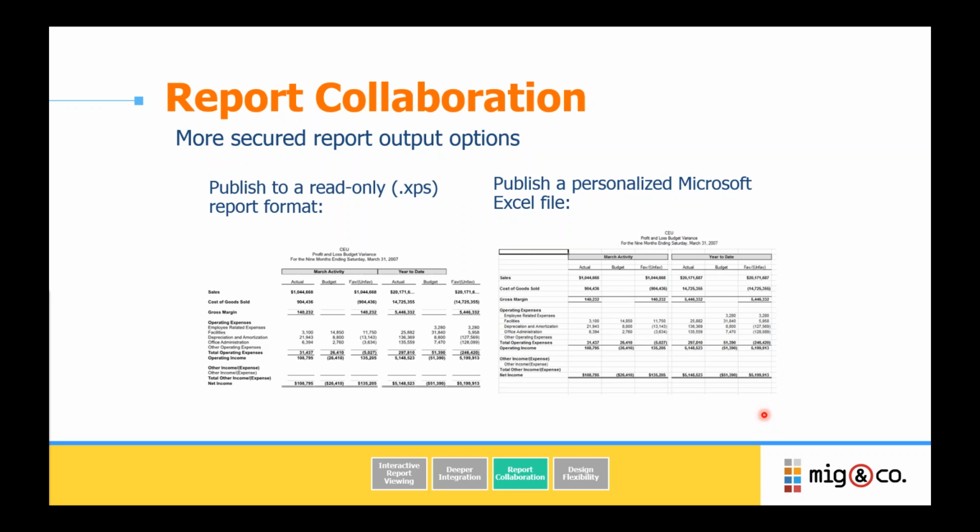So Microsoft's done away with that mechanism, and they've chosen to move toward this other secure report output option that allows you to publish a personalized Excel file. Management Reporter does have versioning in it, so you'd be able to open different versions of an Excel file or a published report. Let's go ahead and move on.